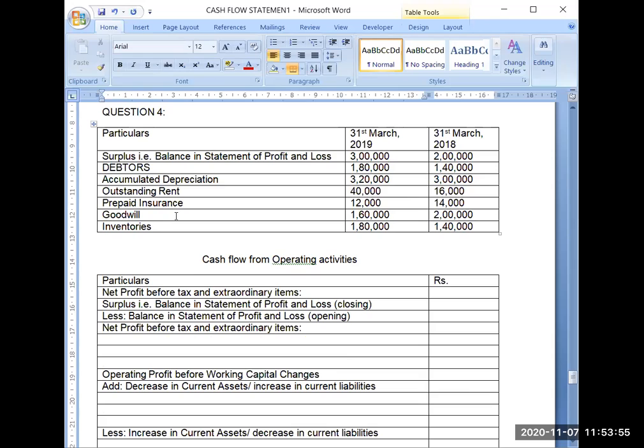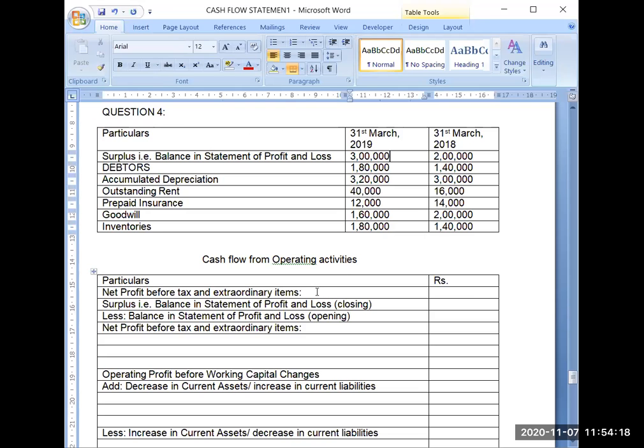We have to calculate cash flow from operating activities in this question. We have been given surplus in the statement of profit and loss. Opening balance is given and closing balance is given. So what is the formula for that? Closing minus opening.